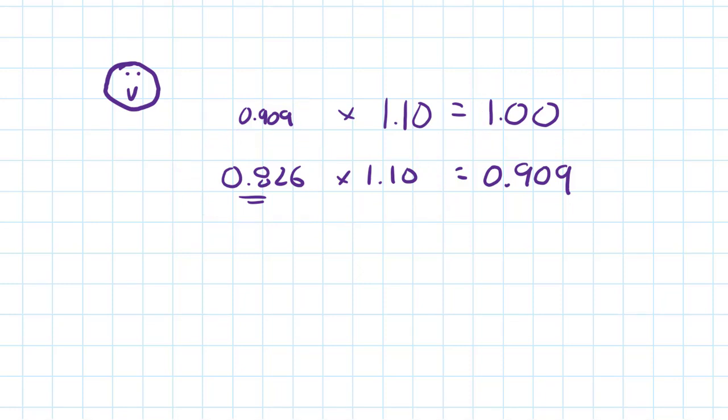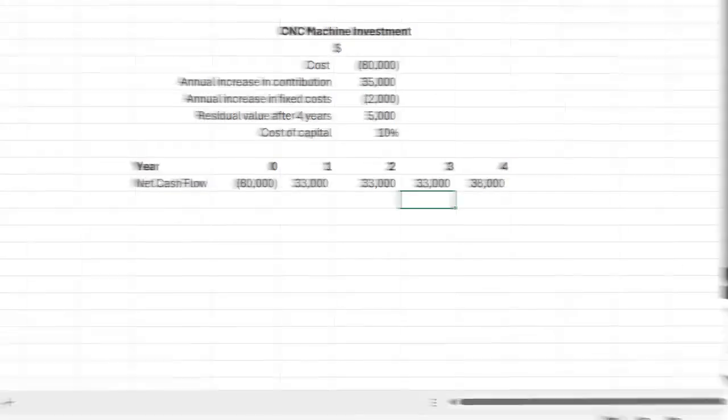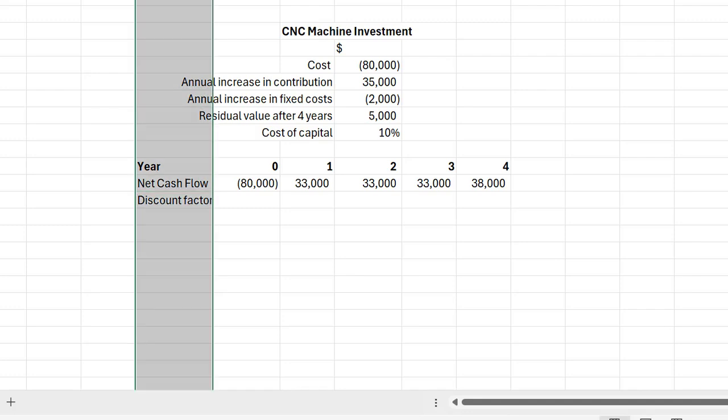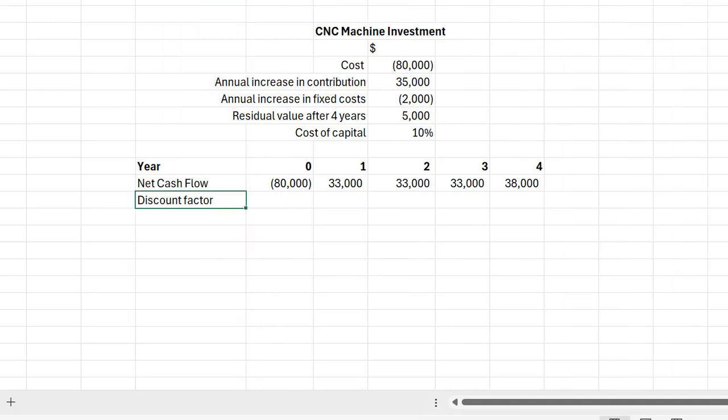Let's go back into our spreadsheet and now apply the concept of discounting so we can look at the impact of the time value of money. I'm going to make a new column called discount factor, and we're using 10% as our cost of capital.